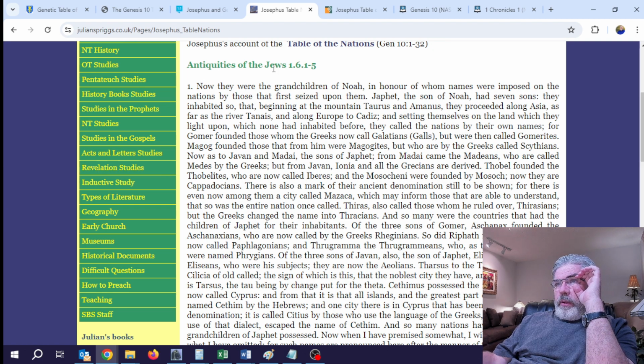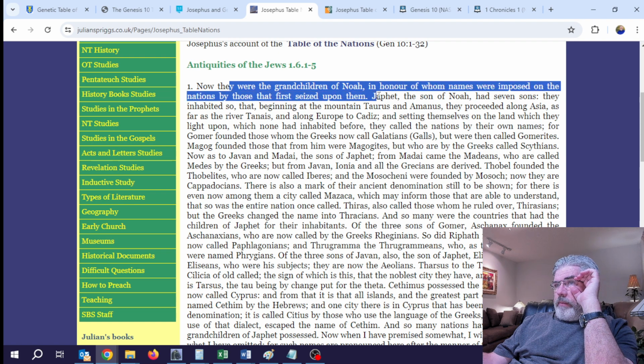But now if you put all three together and you go with the historians and now with the DNA research, you can really start to narrow some things down, and it's pretty cool. Okay, so now they were the grandchildren of Noah, in honor of whose names were imposed on the nations by those that first seized upon them. Japheth, the son of Noah, had 7 sons.